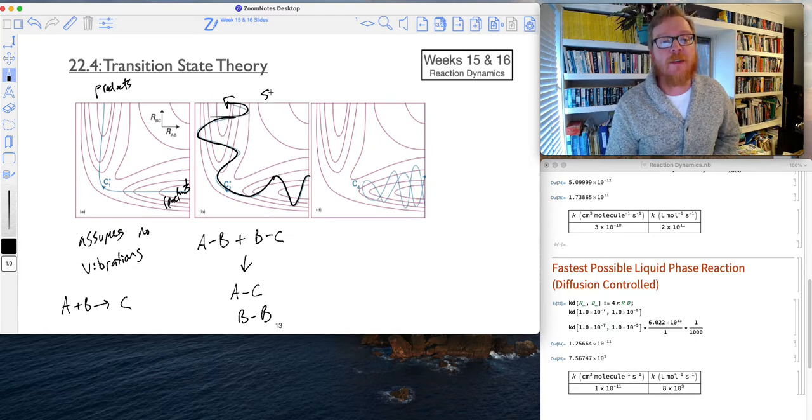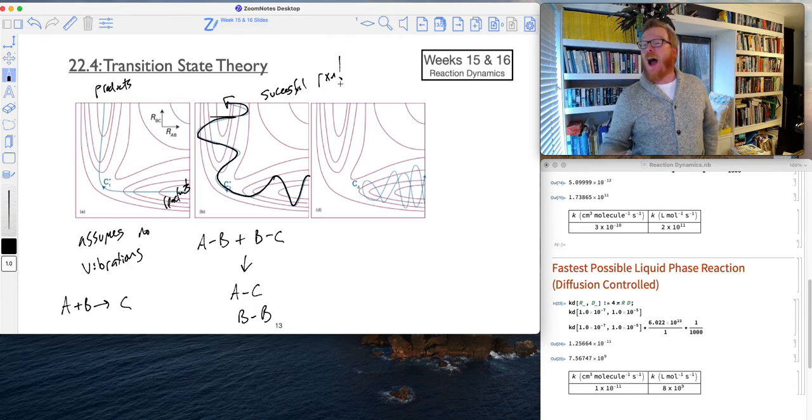So that would give us a successful reaction. However, if these molecules approached, so you can see that maybe this is like in some ground state. However, if it approached with excess energy, right? So now you can see it's actually oscillating even higher up these curves, okay?